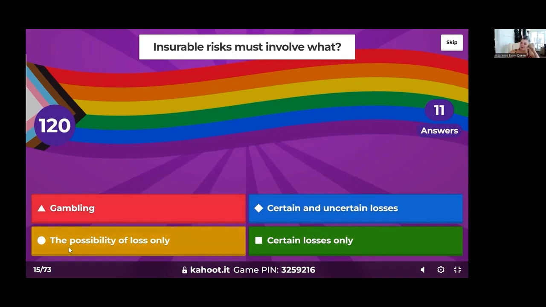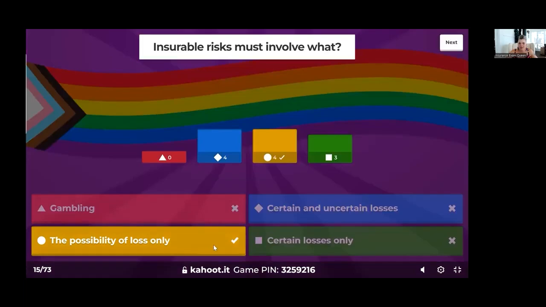That's why the answer here is the possibility of loss only. If it's guaranteed that your house will burn down or your car will crash, they won't offer you insurance because it's a certain risk. It has to be uncertain and loss only. So that was what makes it yellow.